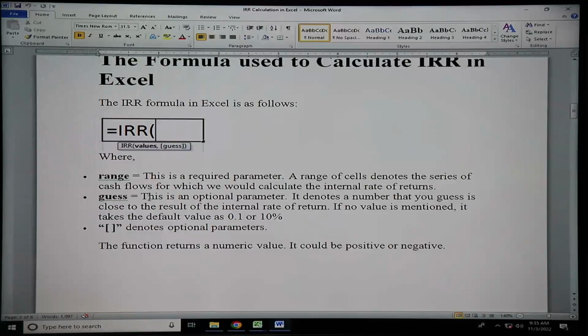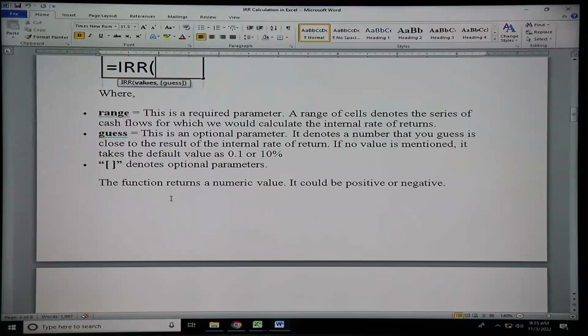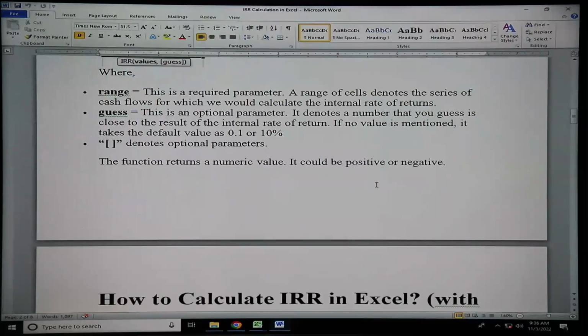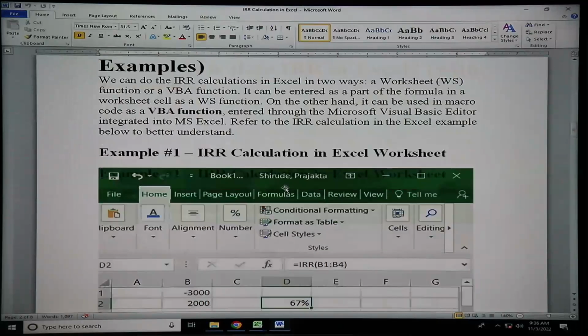We talk of the guess. This is the optional parameter. It denotes the number that you guess is close to the result of the internal rate of return. If no value is mentioned here, then it takes the default value of 10%, that is 0.1. Then this bracket denotes the optional parameters, which probably are not given. The function returns a numeric value, that could either be positive or negative.